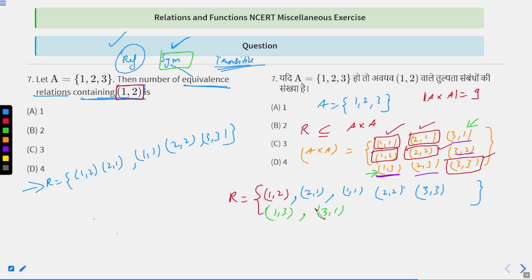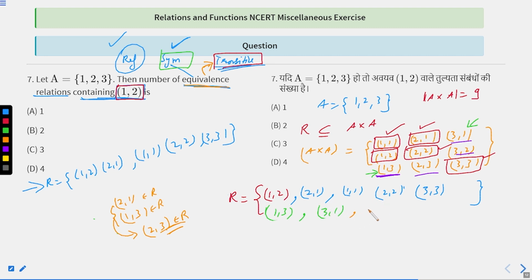transitivity? Because my relation must be transitive also, as (2,1) belongs to R and (1,3) belongs to R, then because my relation must be an equivalence, it must satisfy the transitive property, and from here I can say that (2,3) must belong to the relation R. Does the (2,3) pair belong to R?